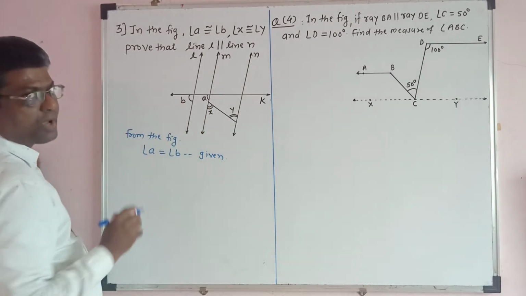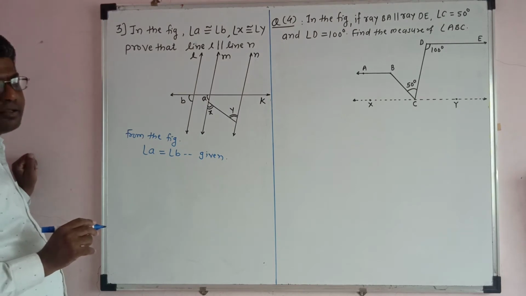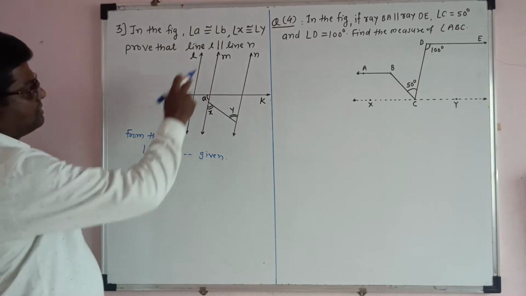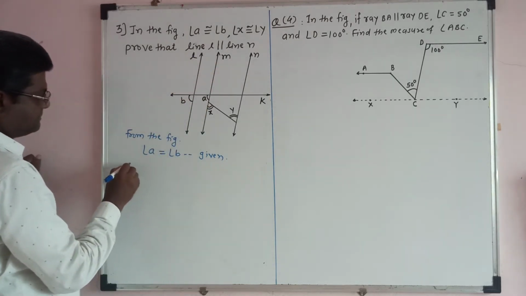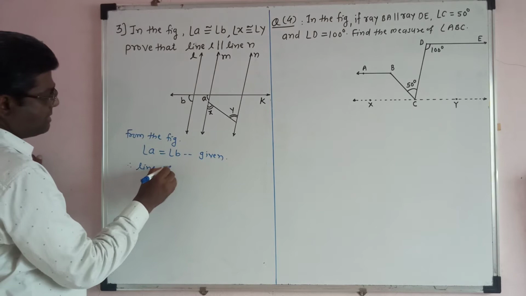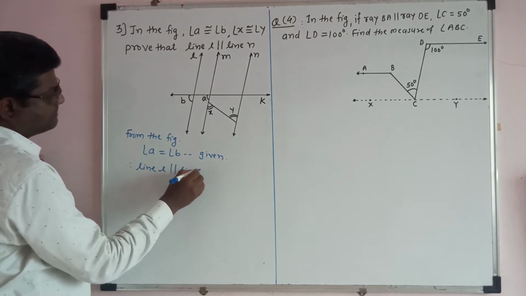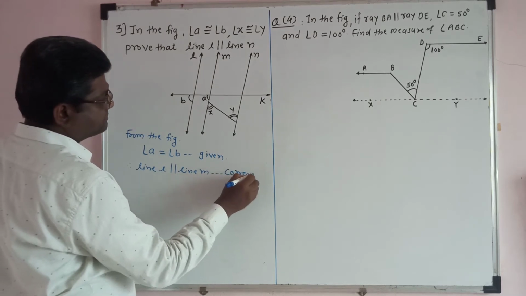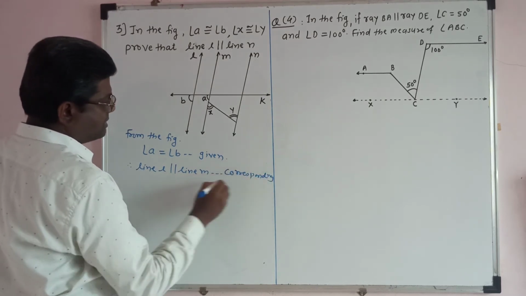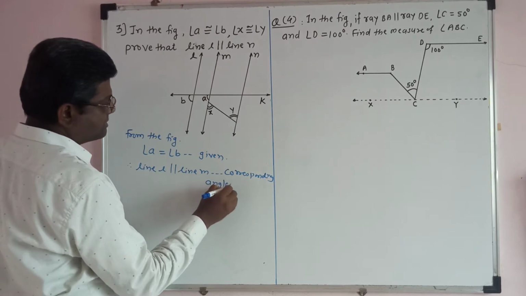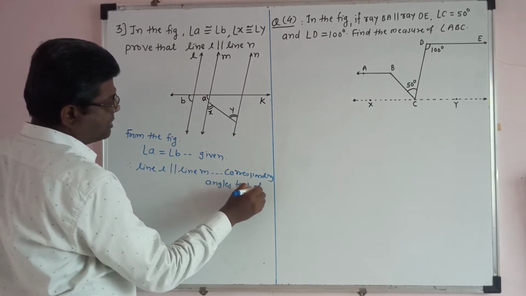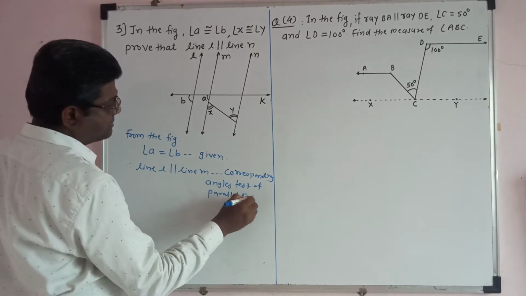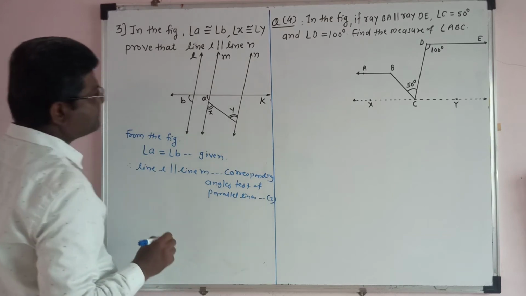These two angles are corresponding angles, and when corresponding angles are congruent, the given lines are parallel. Therefore line L parallel line M, corresponding angles test of parallel lines. This is equation number 1.